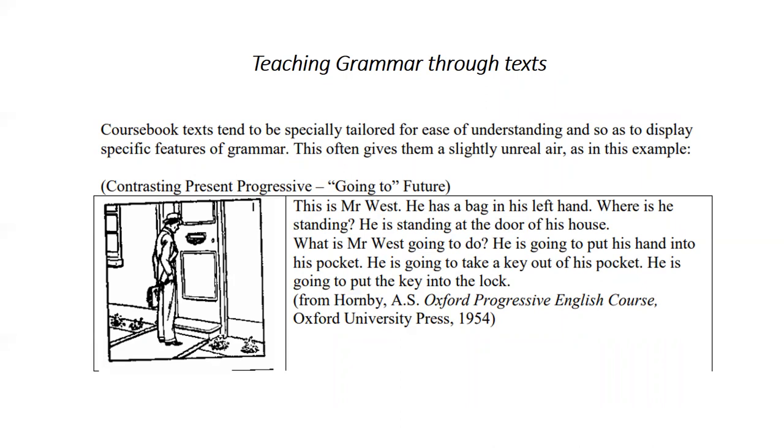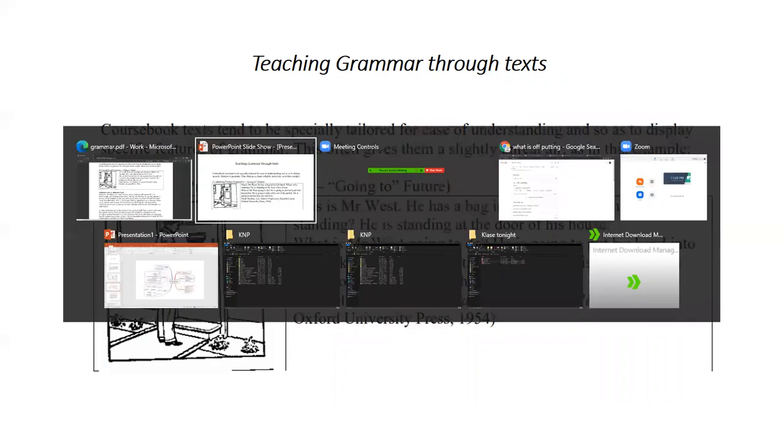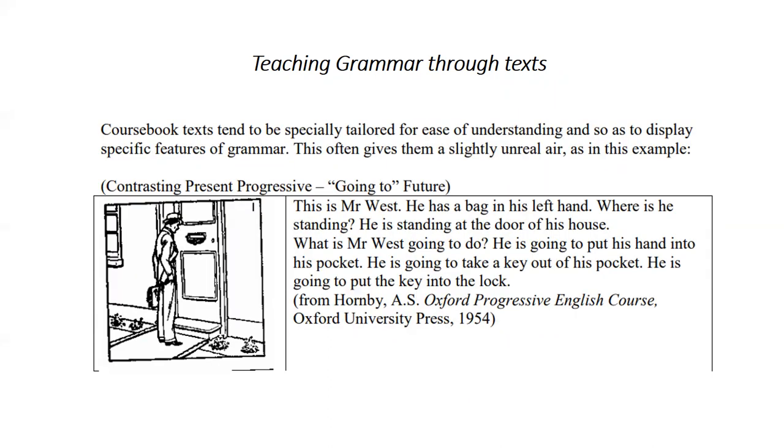So, advocates of authentic text argue that not only are specially written EFL text uninteresting and therefore unmotivating, but they misrepresent the way the language is used in real life context. Okay, it means to say that natay mga authentic text, mga advocates, mga tao na they believe sa authentic text.